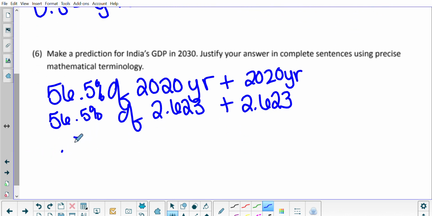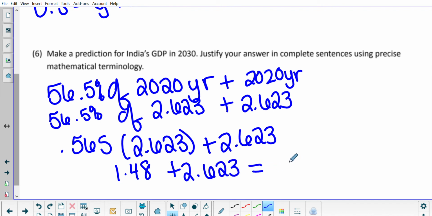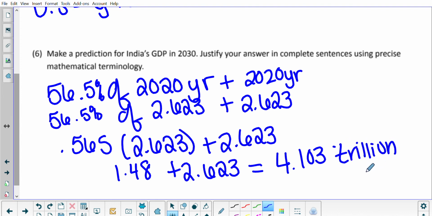So 0.565, and that of means multiply. We get 1.48 increase plus 2.623, and that's going to be 4.103, somewhere around there, trillion dollars. Okay, so that's basically relative and absolute change.